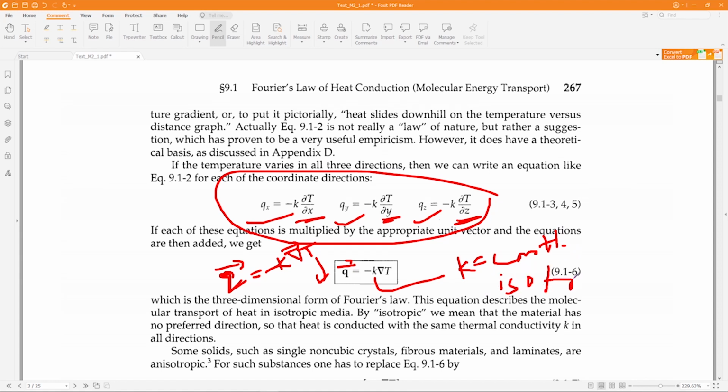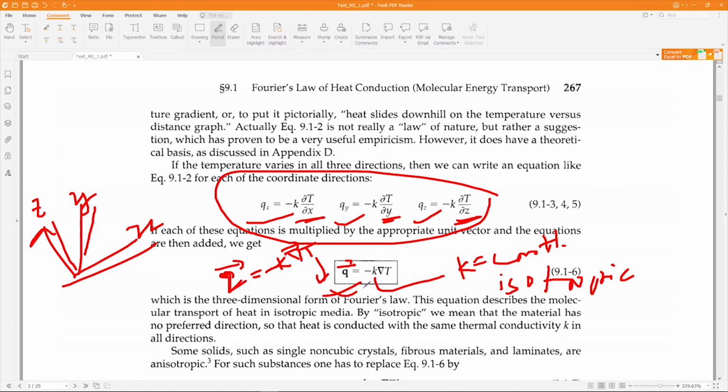Isotropic materials mean some property, like thermal conductivity, is the same in all directions. If this is y, this is x, and this is z, k will not vary in the x direction, not vary in the y direction, and will not vary in the z direction. So k is the same in all directions. That's why k is constant in this example.